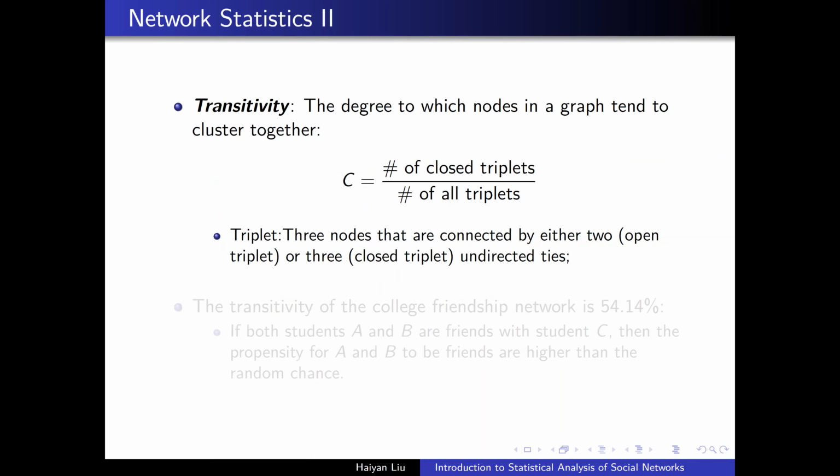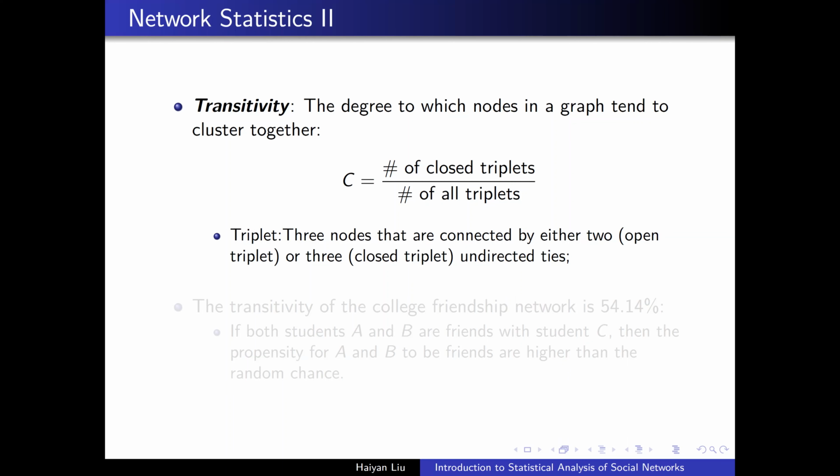We could also talk about the transitivity of a network. It is basically an index or degree of how nodes in a graph tend to cluster together. We could define the transitivity by counting the total number of triplets. A triplet is basically 3 nodes, as well as the potential relationships among those 3 nodes.